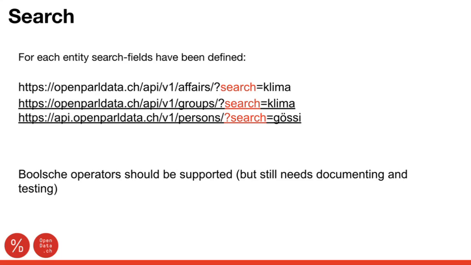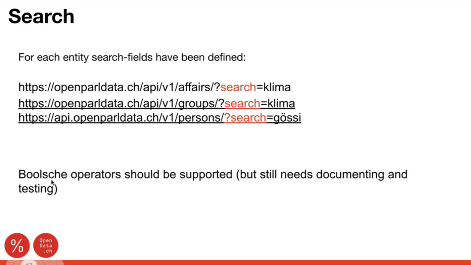We have to figure out a little bit how this works, especially as we haven't yet indexed all the 600,000 documents which are available as URLs at the moment. And we have to see how performant it works. Right now, it's activated at least for the titles in the affairs, and it works well. And there will be more coming.